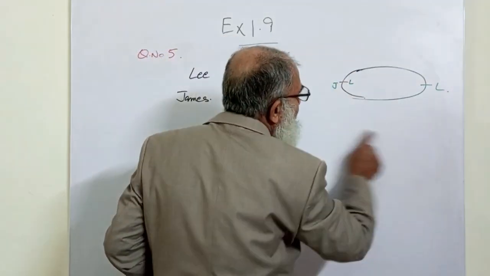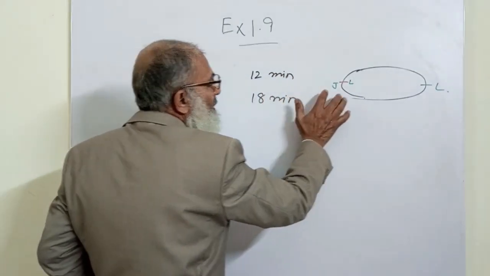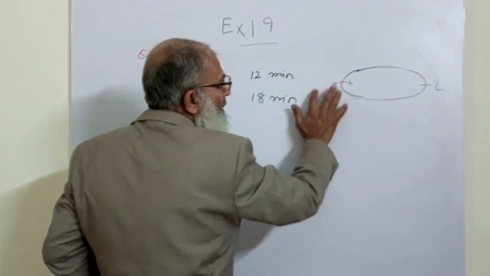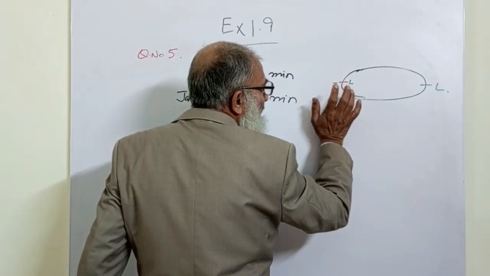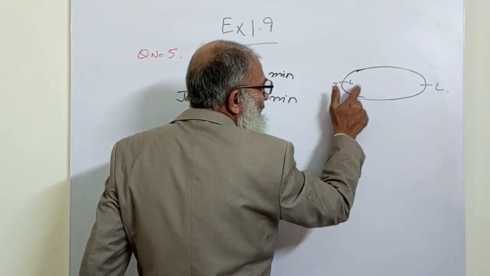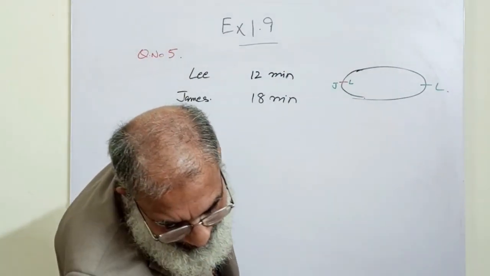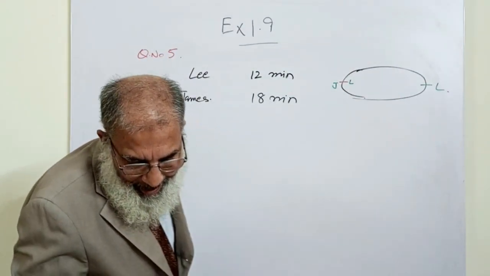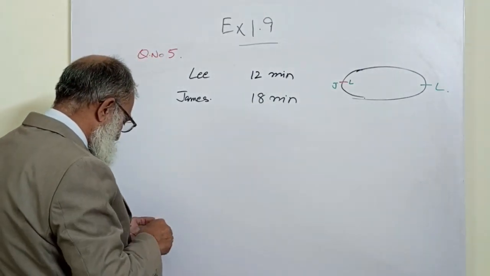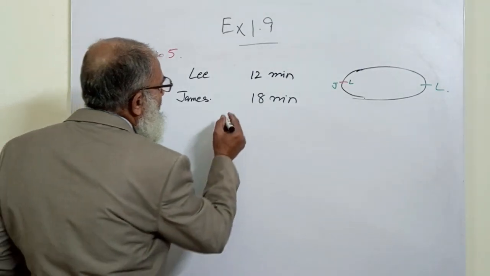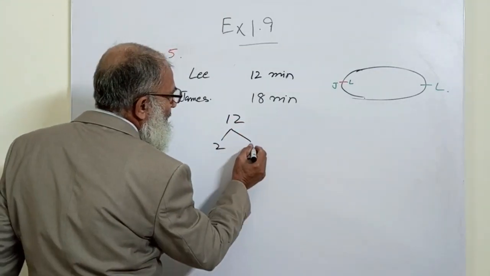After how many minutes will they meet again at the starting point, James and Lee together? So start from the breaking of factors of 12. Very easy question again.